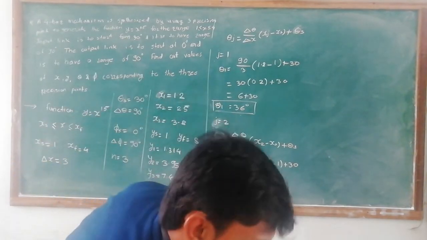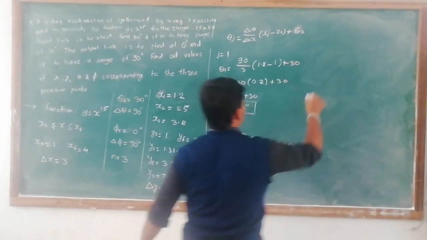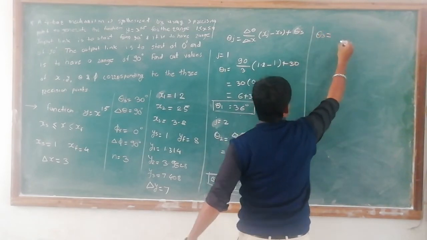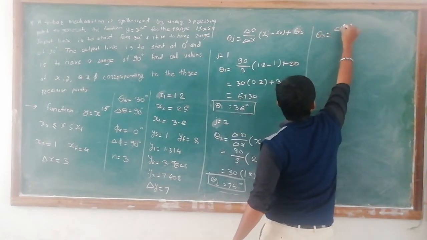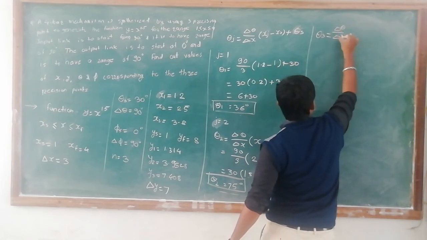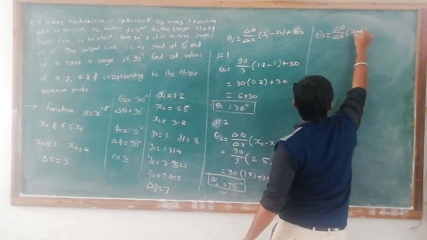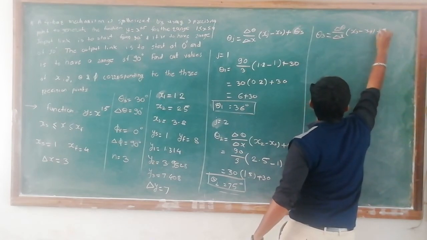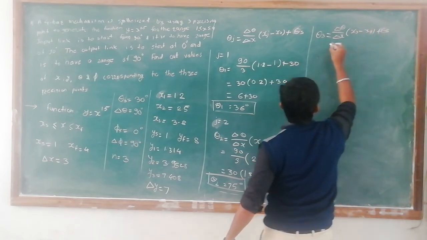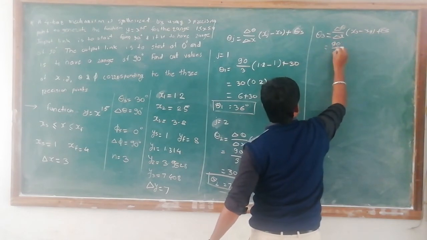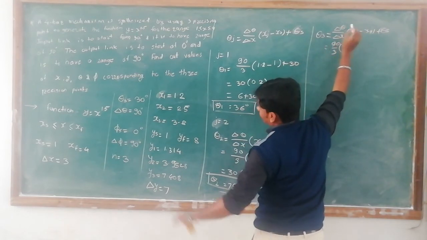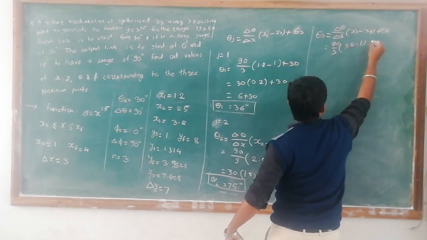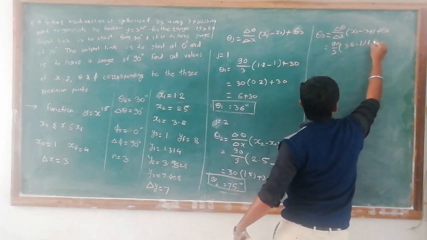Now we have to find out theta 3. Theta 3 is equal to delta theta divided by delta x into (x3 minus x starting) plus theta starting. So 90 divided by 3 into (x3 is equal to 3.8, 3.8 minus 1) plus 30.